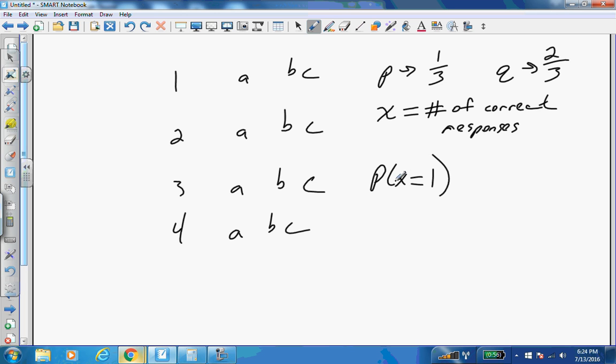That means, what's the probability of getting one correct answer? The piece out front takes the probability of getting one correct answer and multiplies it by how many different ways there are of getting one correct answer.